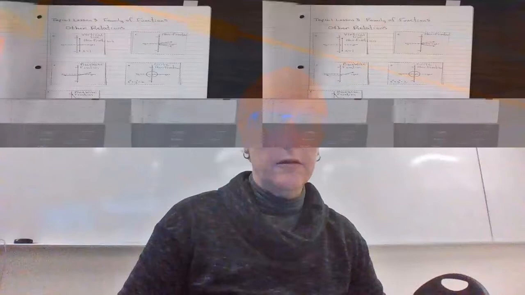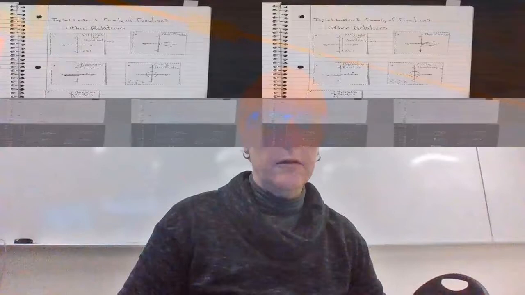And then there was a bunch of pages on function families. So our first function family was linear functions, and then quadratic functions, absolute value functions, exponential functions, and then the last page was just a bunch of other kinds of relations. And that was it for all the notes so far on topic 1.